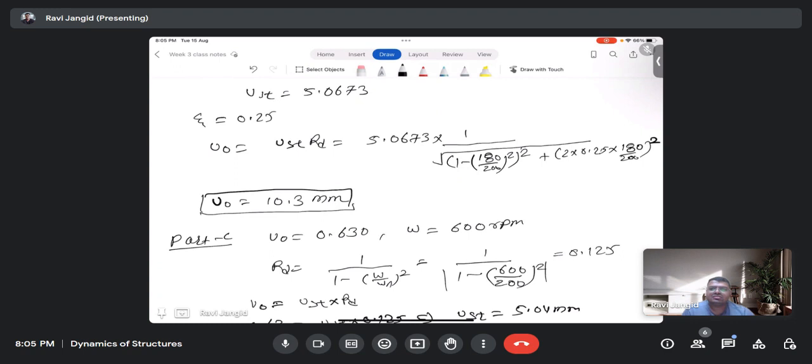Then how do we take this 4m mass? For the 4m mass, you can calculate the displacement at L by 2, which is L by 2 into theta. So that would be 4m into L by 2 theta double dot. Okay, that way you can go through it.